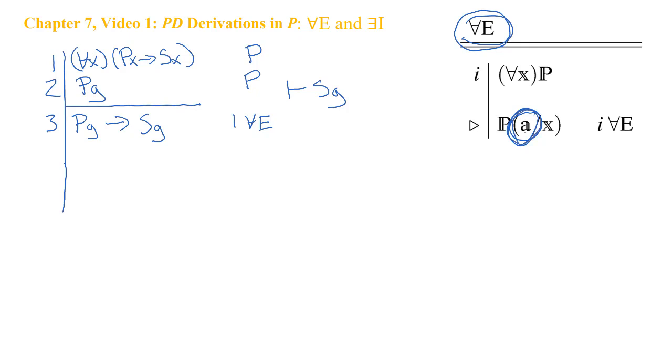That constant a can be anything, a through u, with or without subscripts. But of course we want it to be a lowercase g here, because now, I hope you notice, line 2 matches the antecedent of line 3. So we can use good old arrow elimination to get Sg, the consequent of line 3, from 2, 3, arrow elimination.